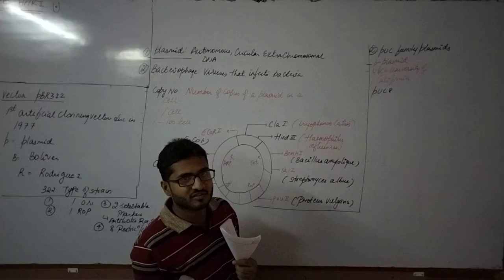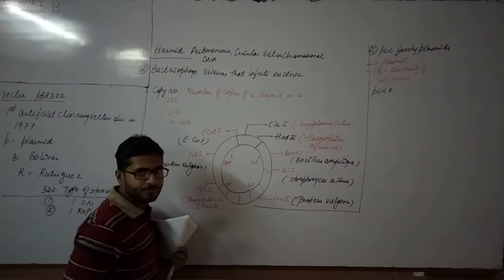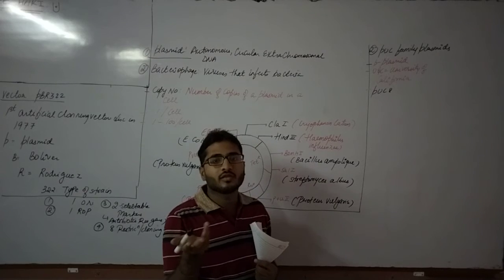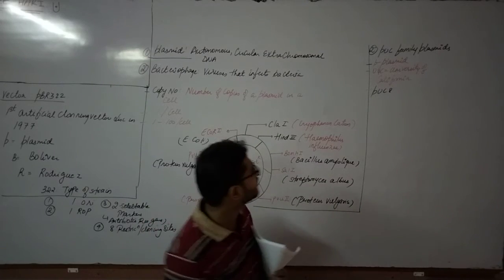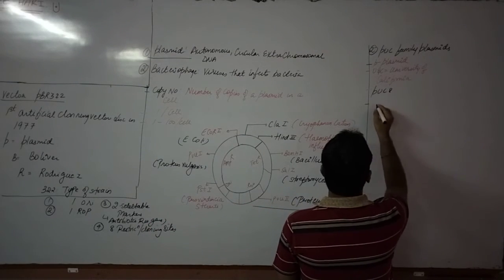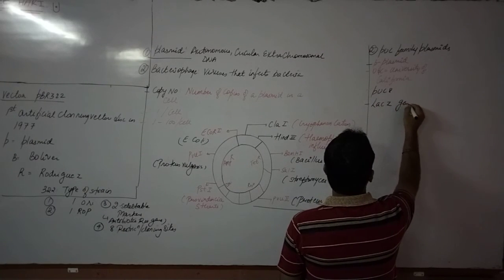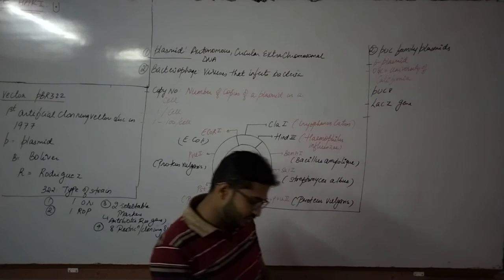And one point we will discuss, that is the selectable marker. A marker is a substance or a gene which will mark the transformed cell or the non-transformed cell. So here the selectable marker is the lacZ gene, which we know is an enzyme producing gene.